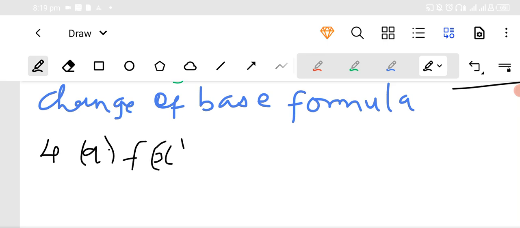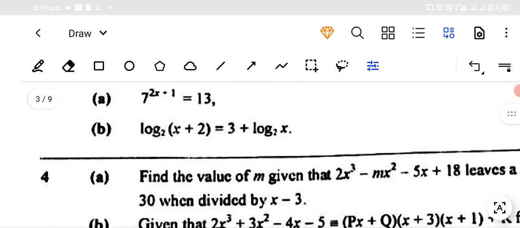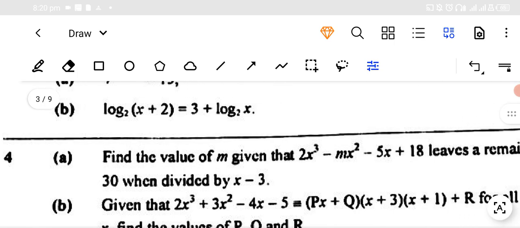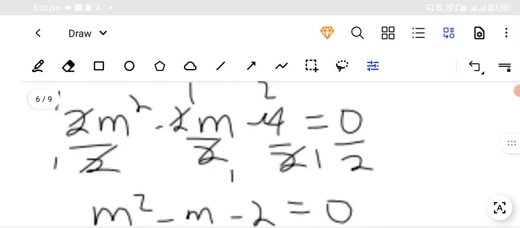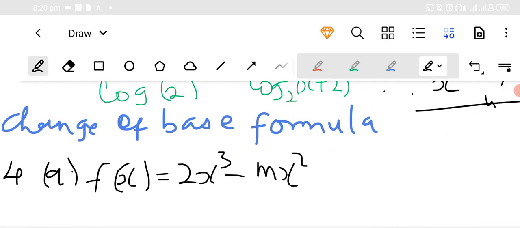f of x is equal to 2x cubed minus mx squared minus 5x plus, is it 13 or 18?